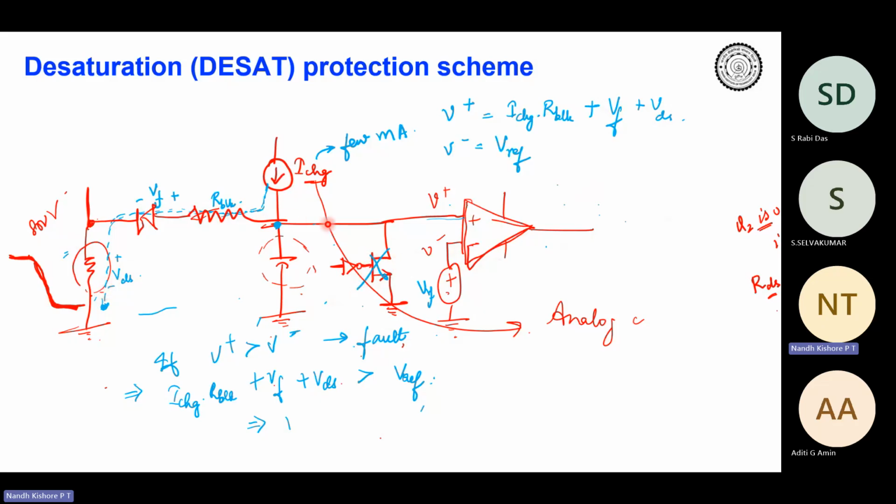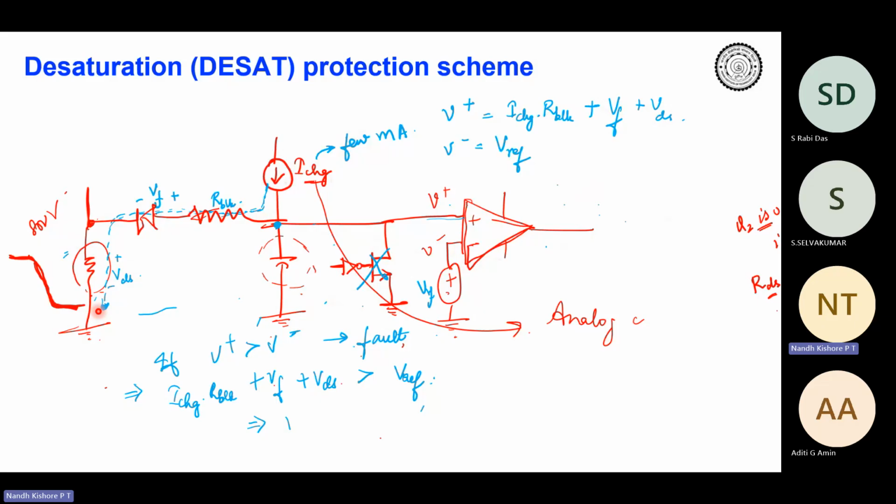Therefore, I charge doesn't get a path through NMOS. It has to flow something like this. You may ask, will it affect normal circuit operation? No, that's why I have written I charge is just a few milliamperes, whereas your device is going to be operating at minimum at least 10 or 20 amperes. So there is not going to be any effect on your device operation as such.